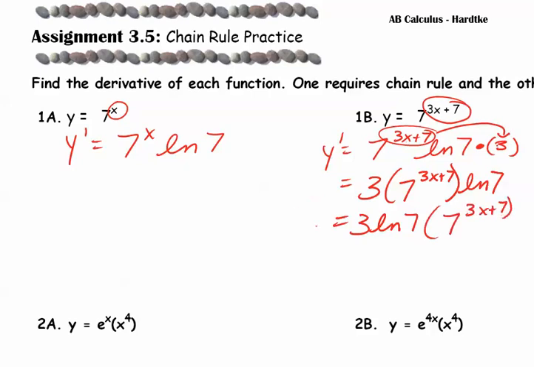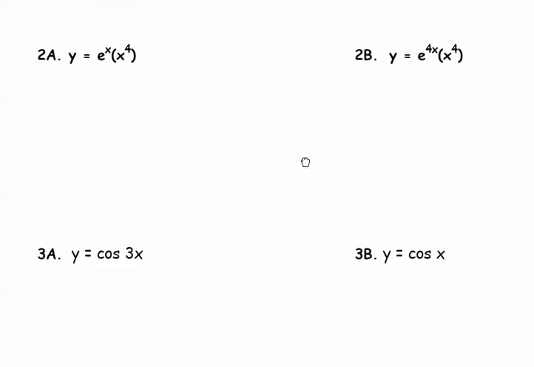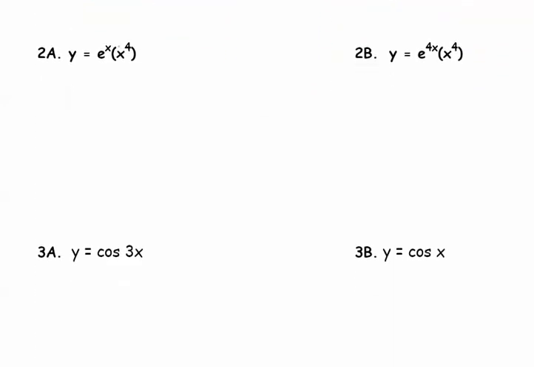Doesn't really matter. All right, and in question 2, it looks a little bit more complicated, but again, here we see x stands alone, as opposed to here, where we've got a function that has its own derivative. The derivative of x is just 1 in the first term, but the derivative of 4x is 4 in the second term.